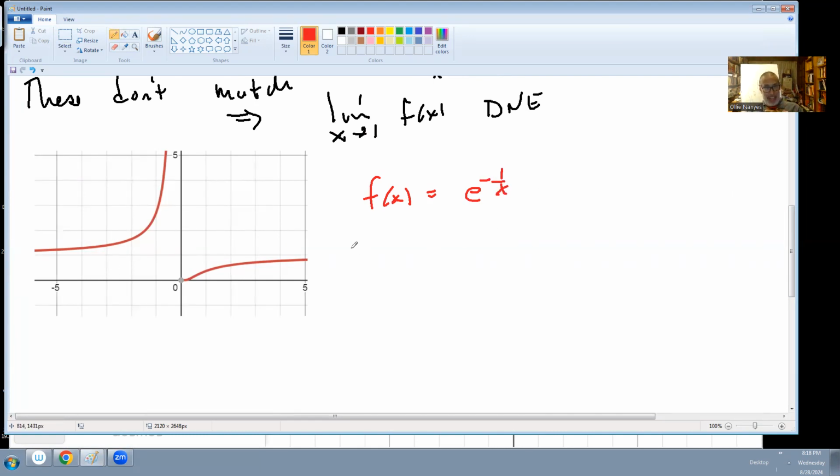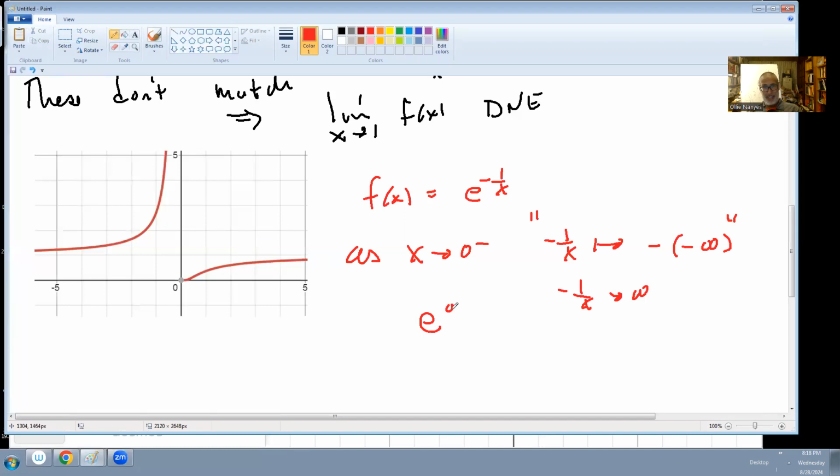And we can see right here, as x approaches 0 from the left, minus 1 over x approaches, well, plus infinity. I know this is highly informal, which means to say this approaches infinity.